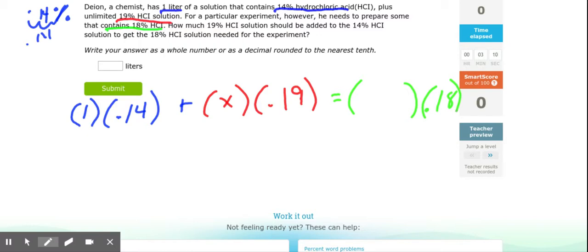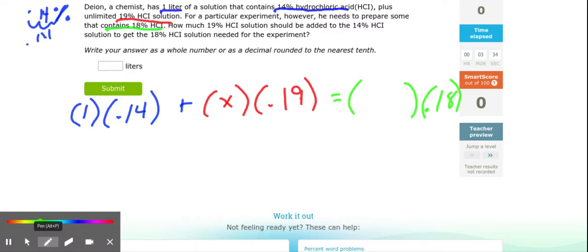So just to recap what we did, we have 1 liter here of the 14% solution, and then plus we don't know how much we're going to put in of the 19% solution equals some amount, and that needs to equal the 18%. So that's what we need.